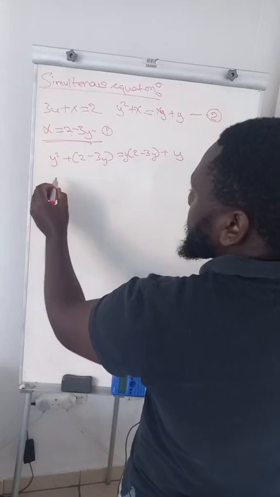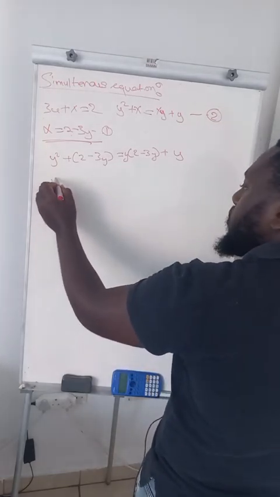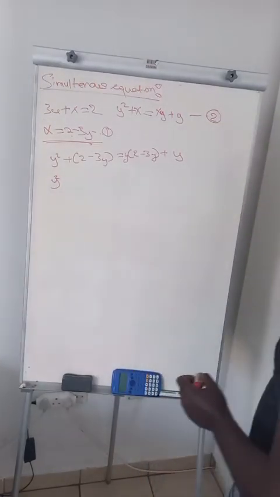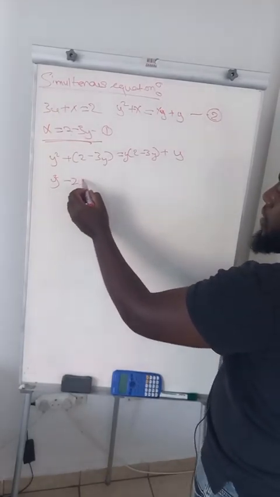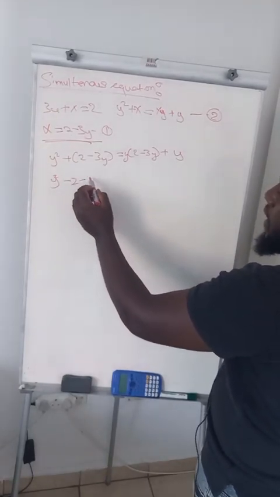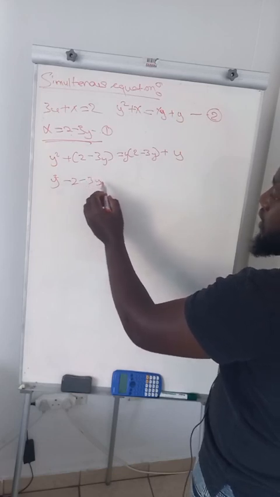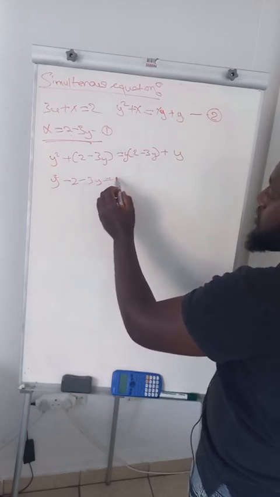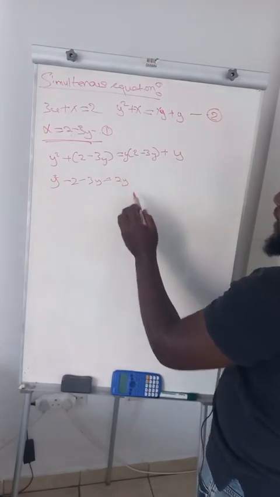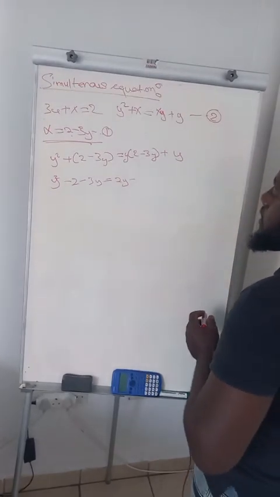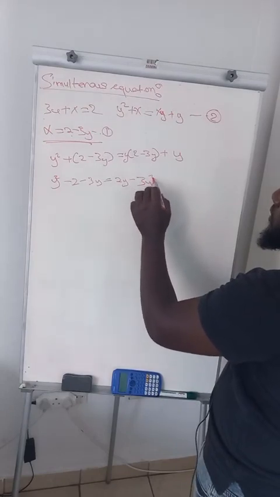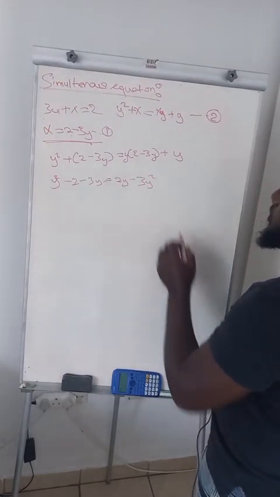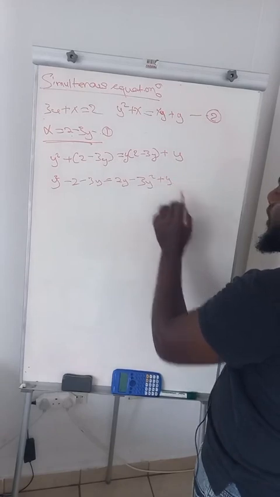Then it means here you'll have y squared, and then minus, this will just give you 2 minus 3y is equal to, this will just be 2y, and then minus, this is going to give you 3y squared. Then from there on, you just have plus y.